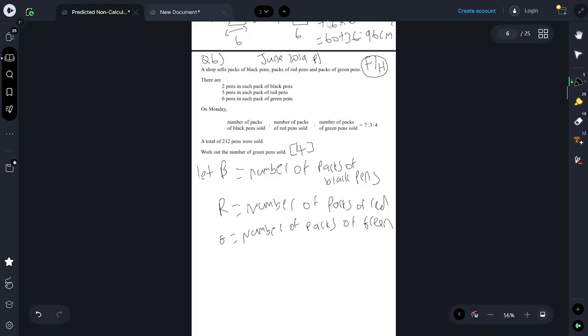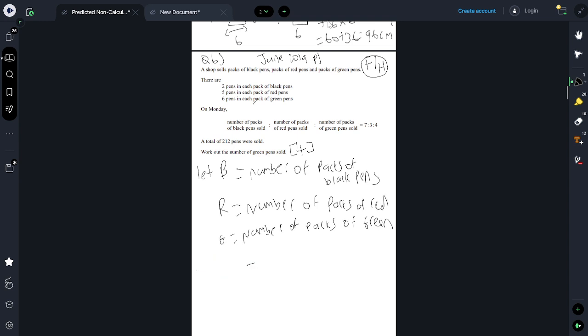Well, actually, the number of pens of black, well, that's still going to be how many pens are in a pack times how many packs there are. So it's going to be 2 times b. For each pack of black pen, there's 2 in each pack. So that's how many black pens there are.